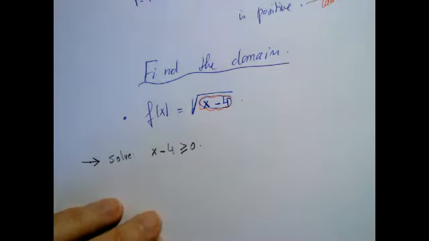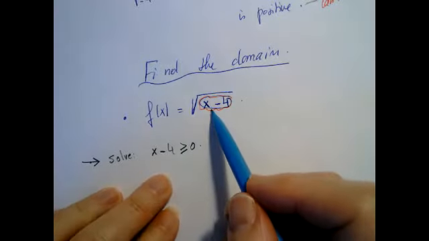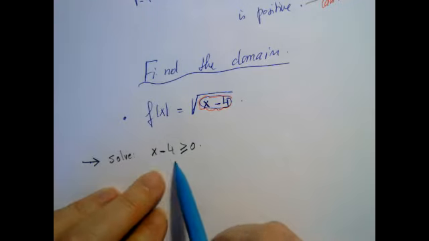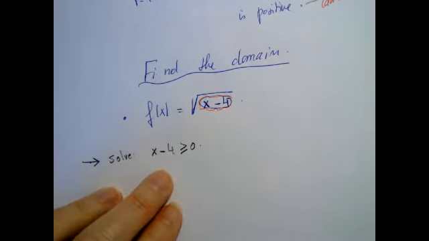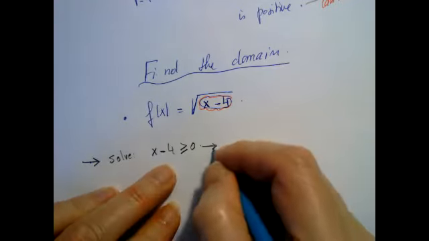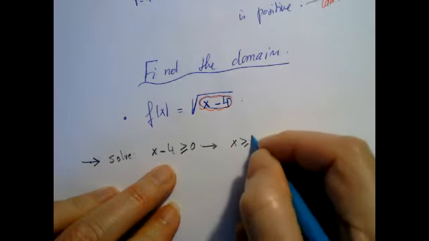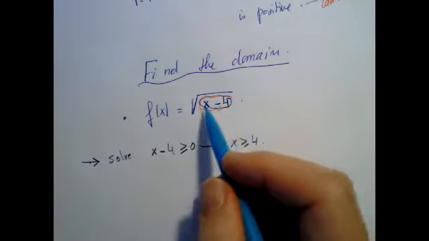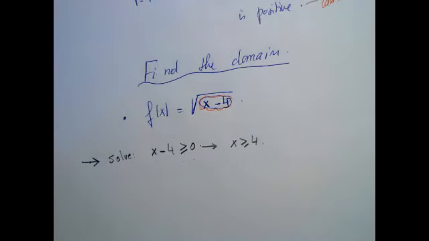So we need to solve x minus 4 positive. It means x should be bigger or equal to 4. These are the values which are allowed, because anything that makes this expression negative, the square root is not defined.